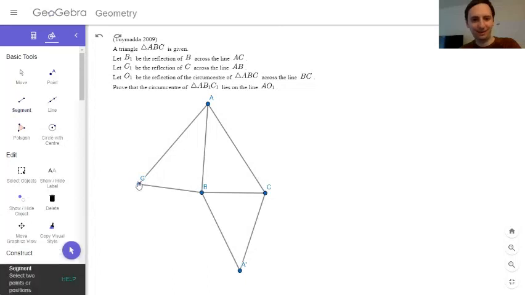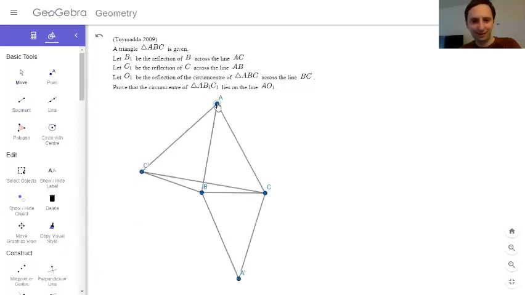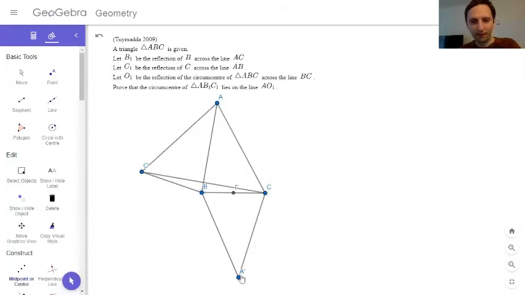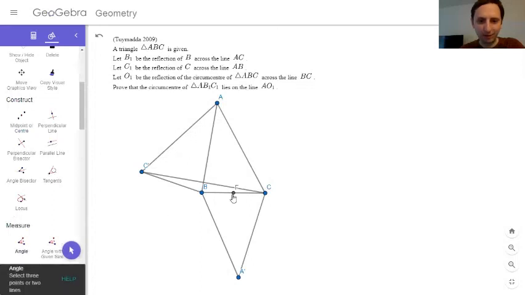Let's see. Do we have a spiral similarity? I think we might. Does a spiral similarity take A F C to A prime C prime A? No, those don't look that similar. I'll just do a quick check.